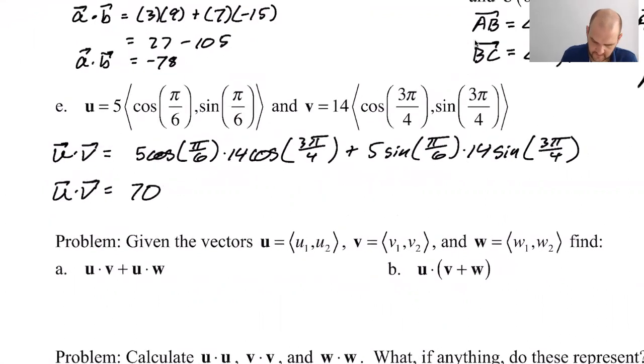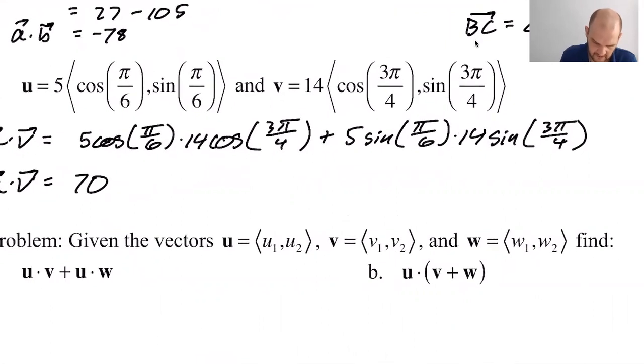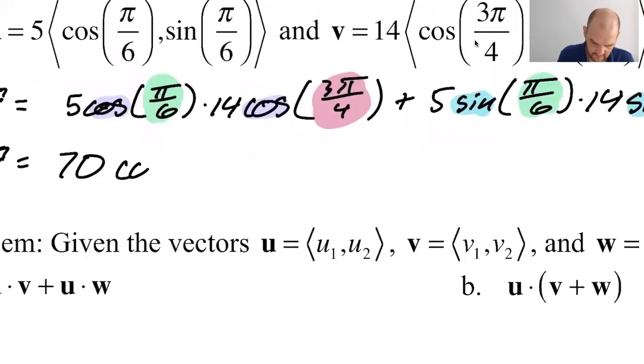And then, look at this: I have cosine, cosine, and then sine, sine, and furthermore, this is pi over 6 for both of these, and 3 pi over 4 for both of these. So I have cosine cosine plus sine sine. That's going to be the cosine of a minus b.